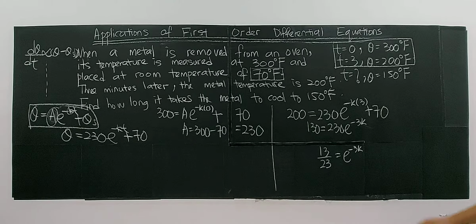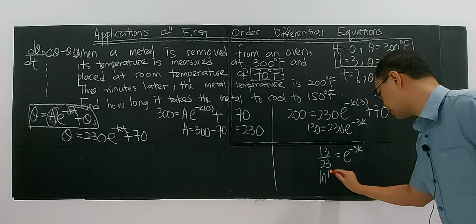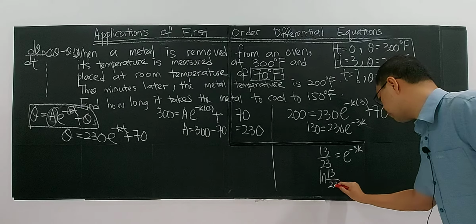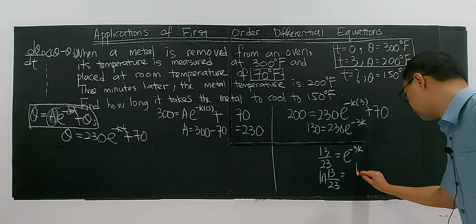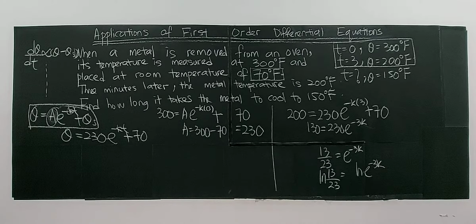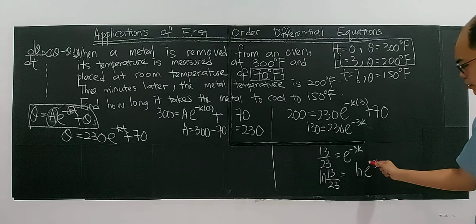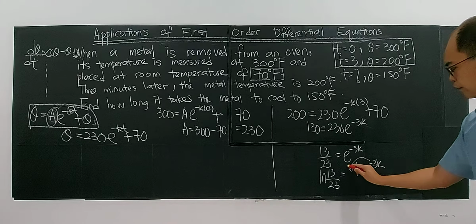As usual, since you have an exponential here, you put ln on both sides. ln of e to the 3k, you can bring the exponent forward.